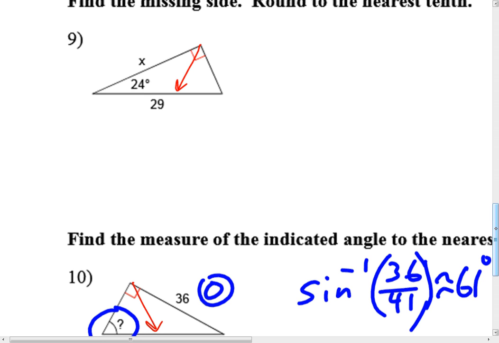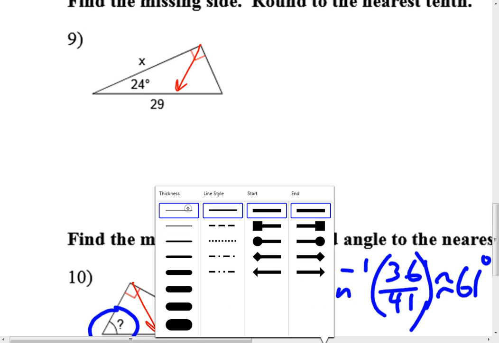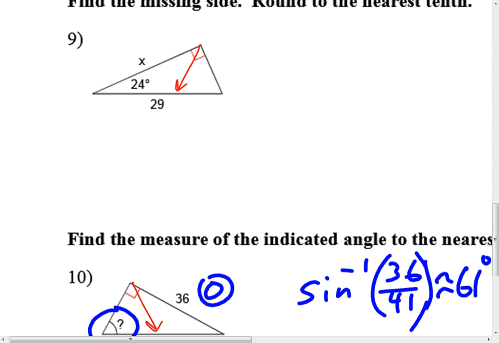Number 9. That's the hypotenuse because I'm pointing at it. And this is not the hypotenuse. What is this? Adjacent. That was usually the mistake that was made. Hypotenuse always across from the right angle. We're looking for a side.